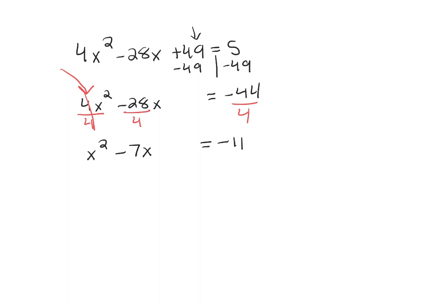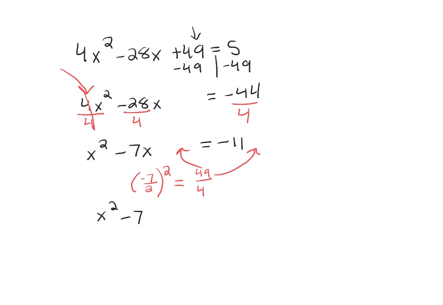Let's do the special formula. Negative 7 over 2 squared. I'm not going to have a super nice number. Squaring a fraction means you just square the numerator and the denominator, so that goes to 49/4. Add that to both sides.